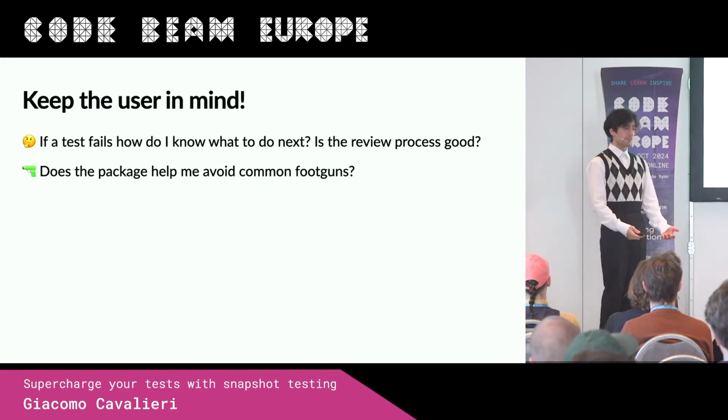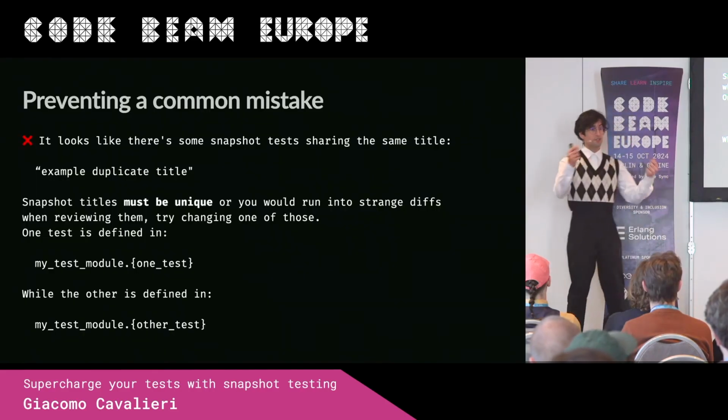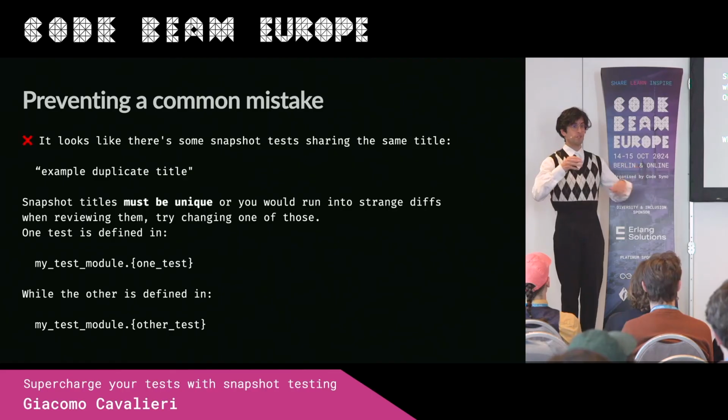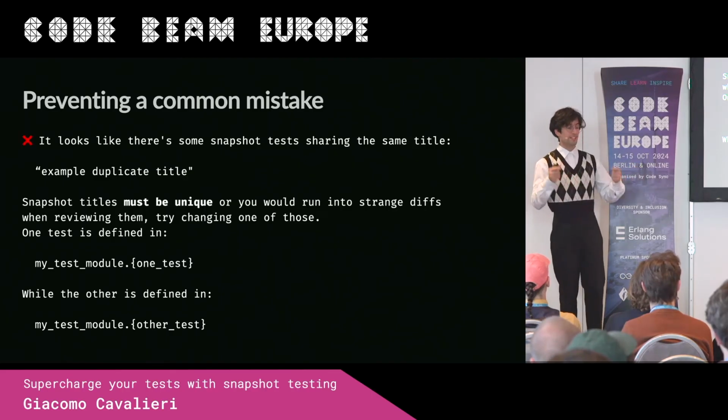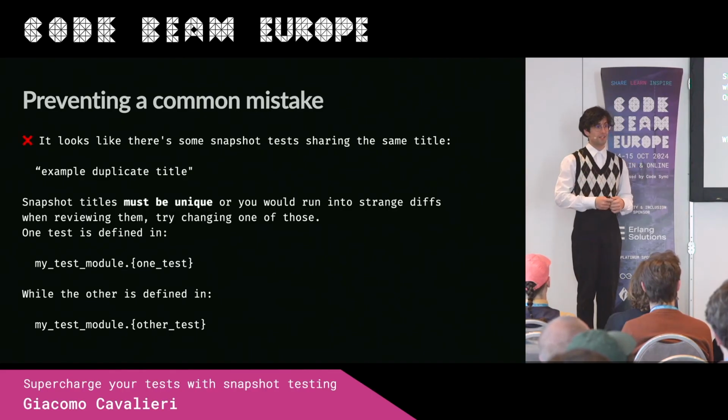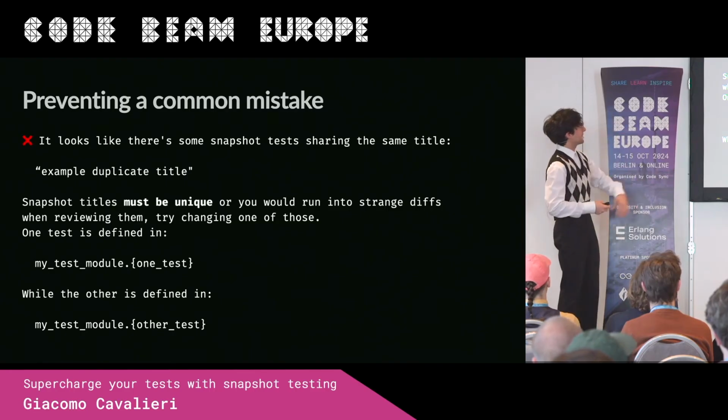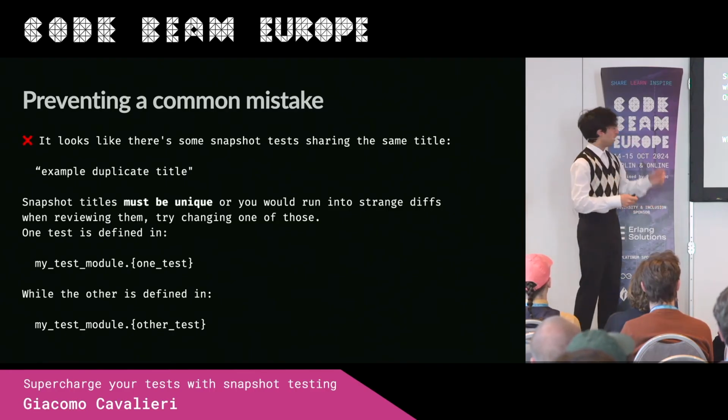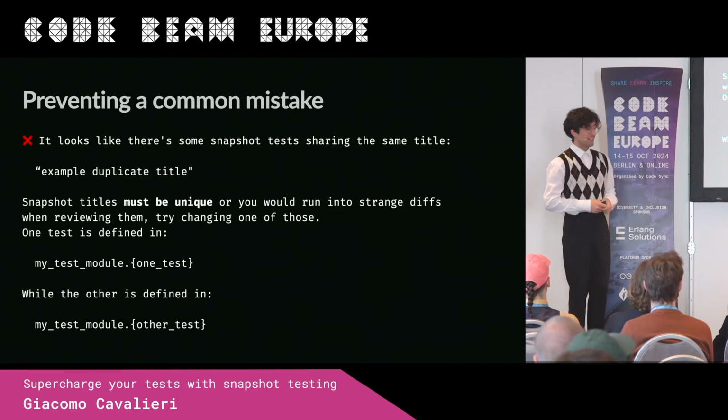So I listened to their feedback and implemented additional checks that now at runtime, when you're reviewing your snapshot, make sure that you're not using the same title twice. And so it's telling you exactly why that is wrong, where it is wrong, so you can go and fix your testing functions.